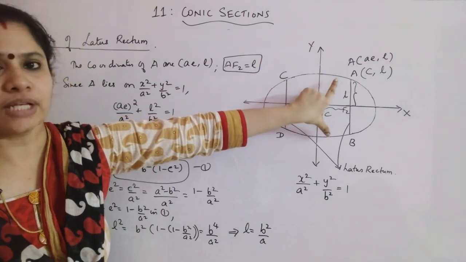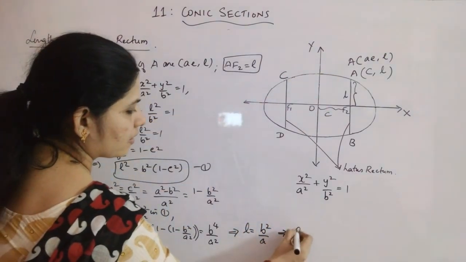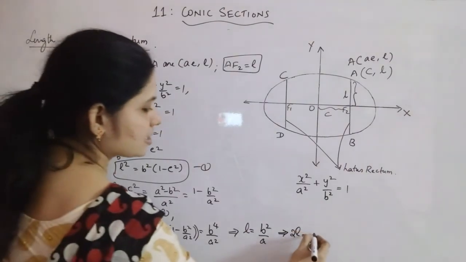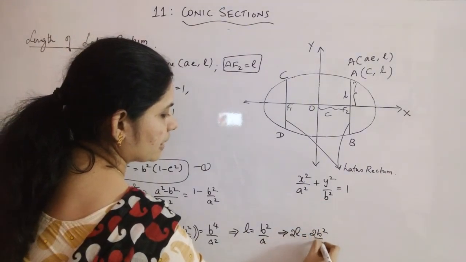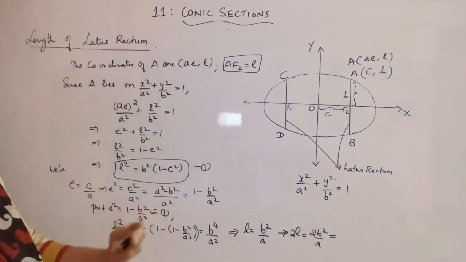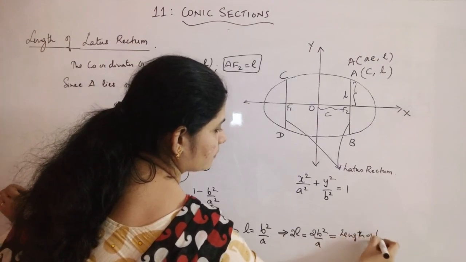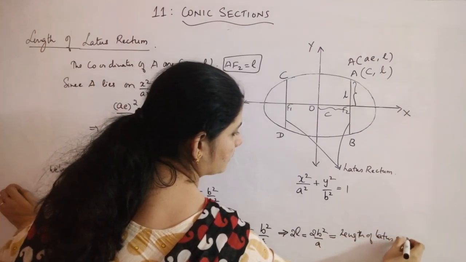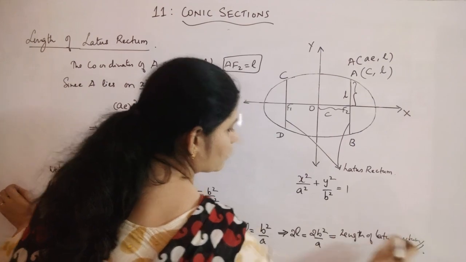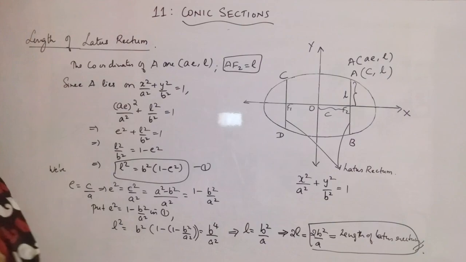The length of the latus rectum is AB, which is 2L, that is, 2 times b square by a. So 2b square by a is the length of the latus rectum.